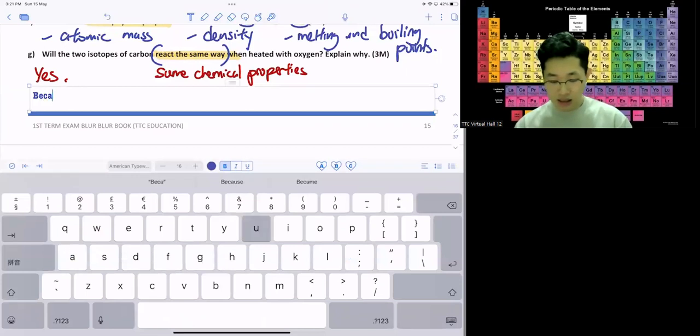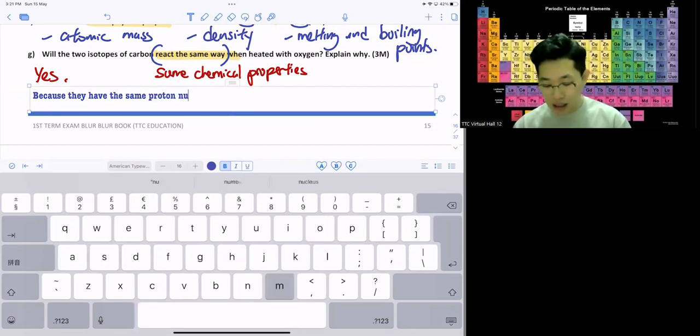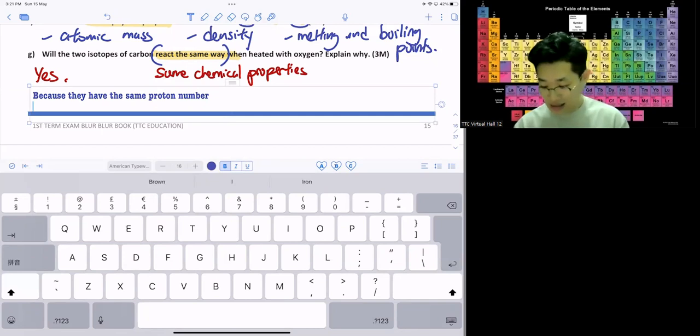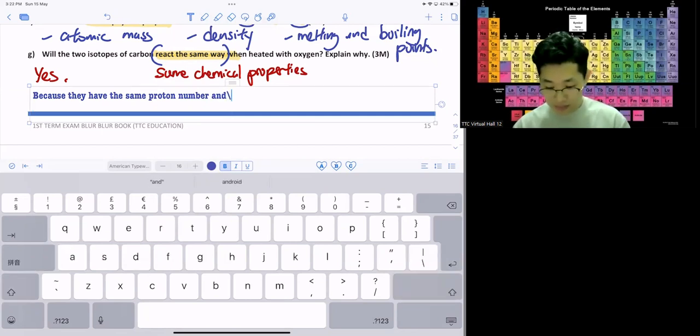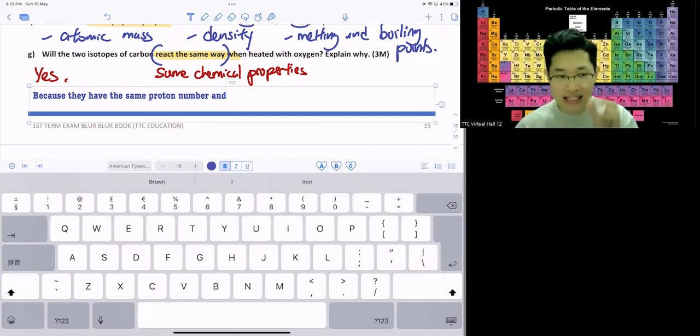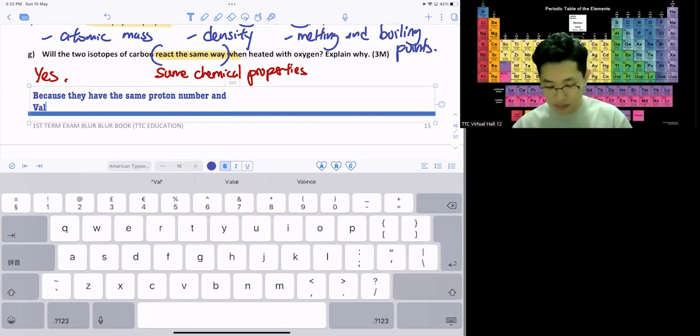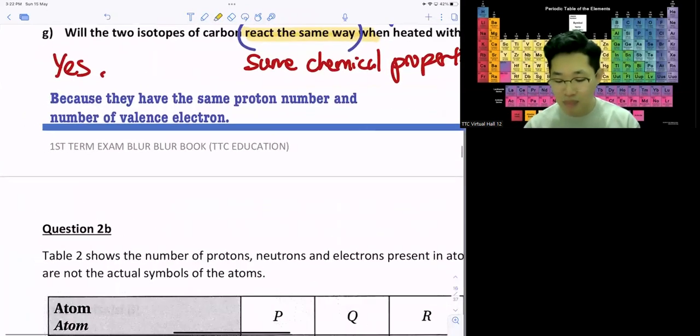Because they have the same proton number and, what you must mention, the same number of valence electron.